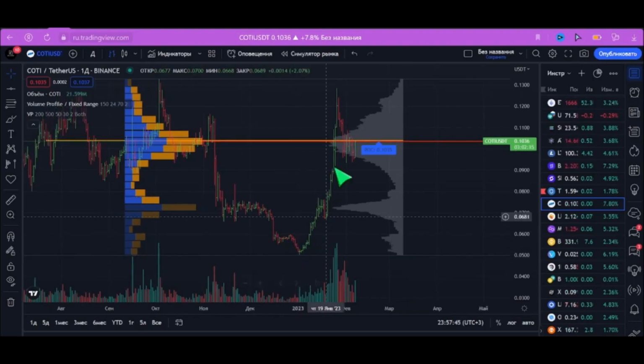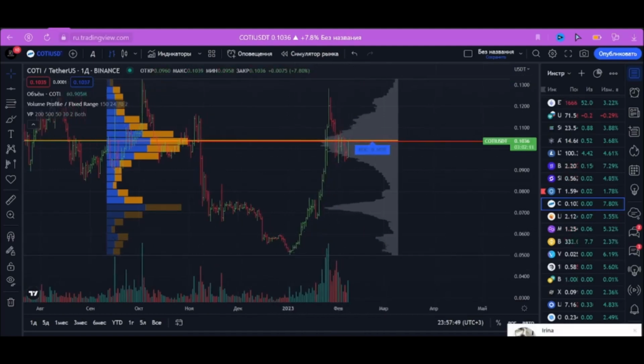If you set the volume profile exactly on the trend, you can notice that the instrument accumulates very few volumes during the trend. That is, here we will most often see such spans and such small accumulations. Why? Because when a big player pushes the price up, he does not have time to accumulate an additional position or add funds to his position during the trend.